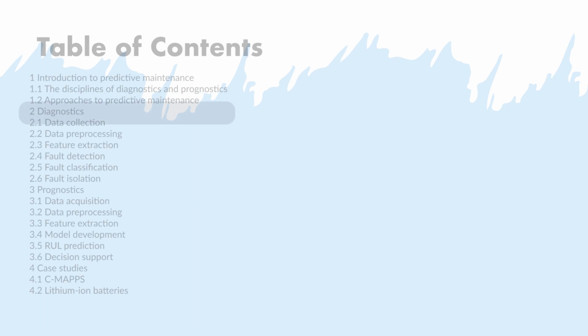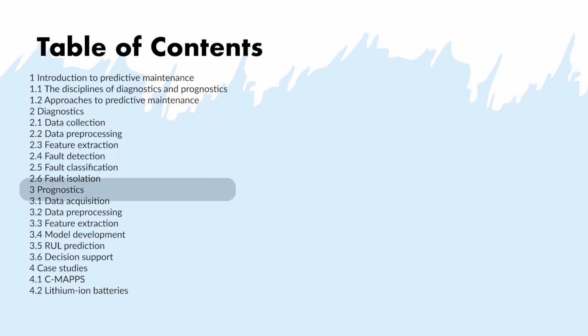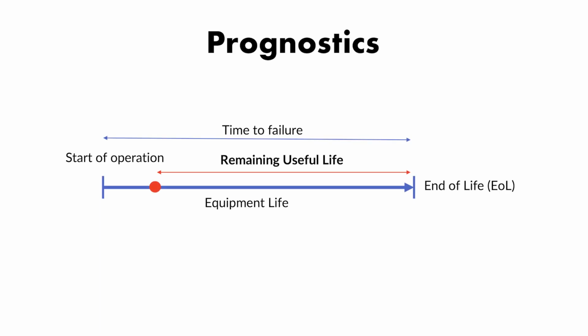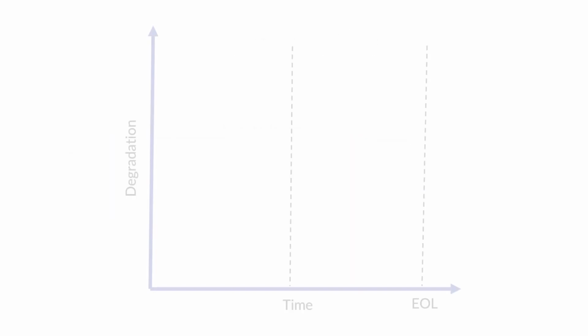Let us now discuss prognostics. In prognostics, we care about two concepts: the concept of end of life and the concept of remaining useful life. And they are interconnected, because when I'm at a certain point, the distance between the end of life and my point is the RUL, the remaining useful life. And essentially in prognostics, we try to predict the RUL.